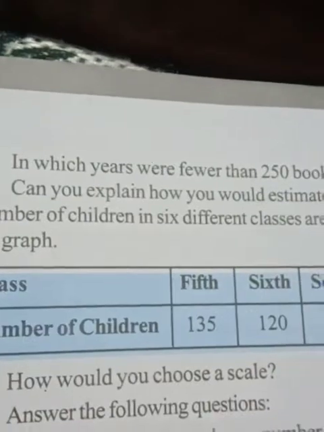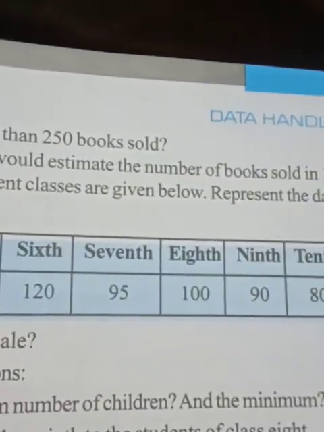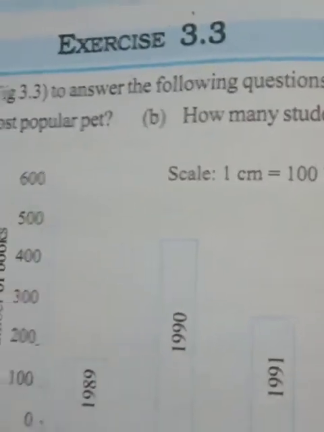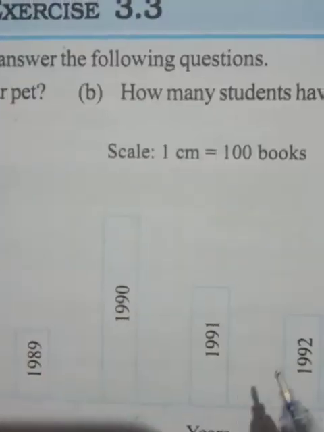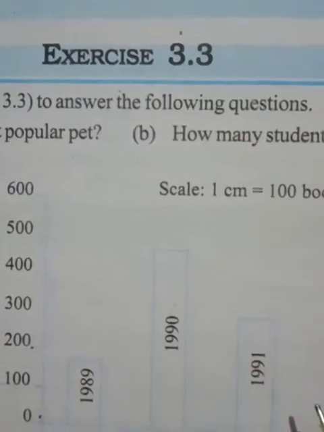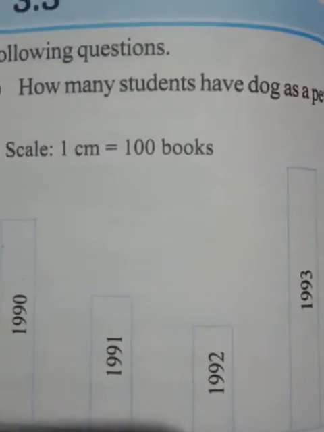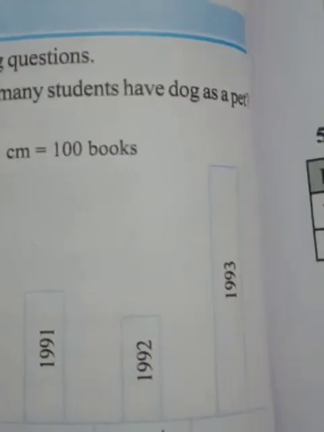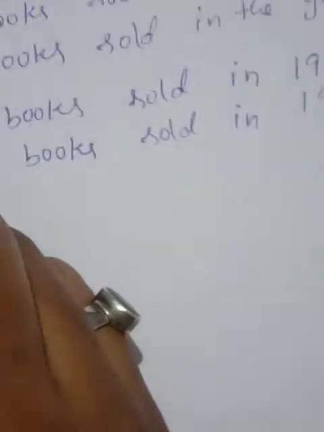Okay, then what is the third question? In which years were fewer than 250 books sold? That is less than 250 books. See here, less than 250 means 1989, and then 1992. Okay, just you write the answer as third one.